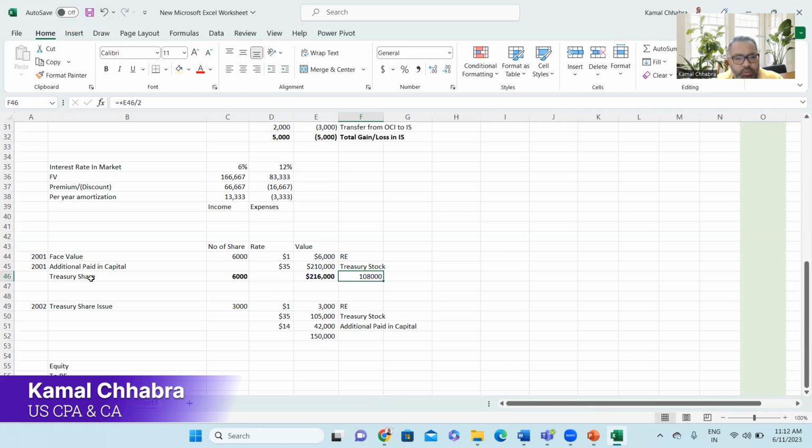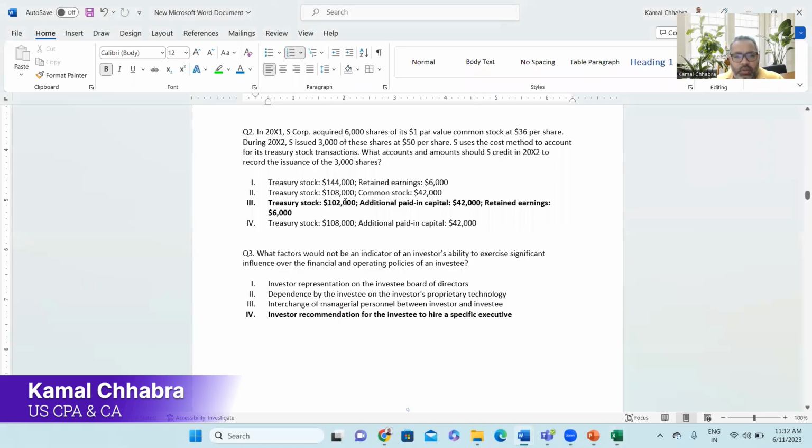So ideally it should be 105. Additional paid in capital is good. Retained earnings should be 3,000. So this should be the answer. Right? Clear?